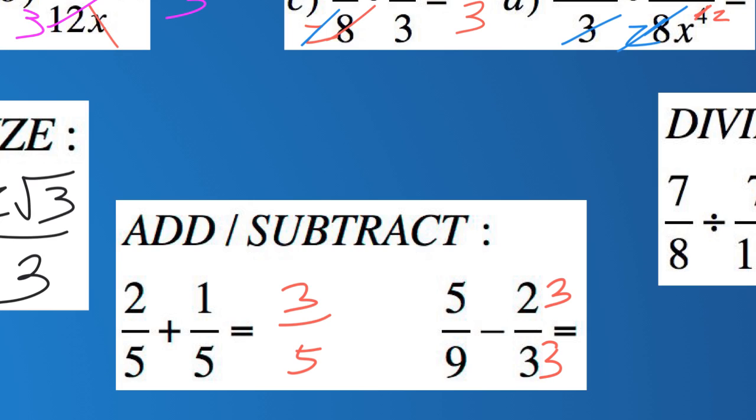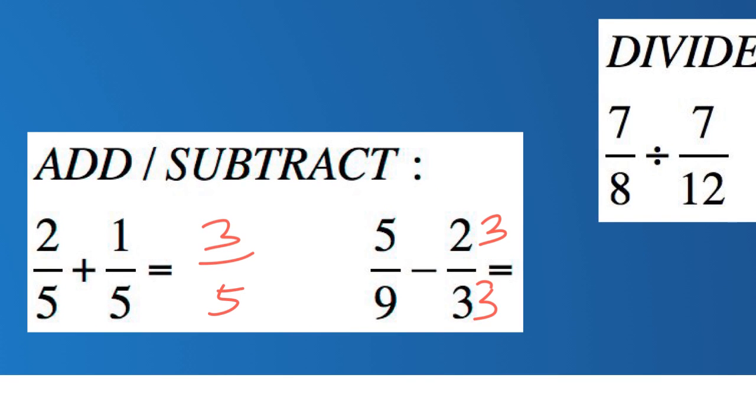And so this turns into, I don't have a lot of room here to write all this out, but this turns into a 5 over 9 minus a 6 over 9. And so this equals negative 1/9 for that subtraction problem.